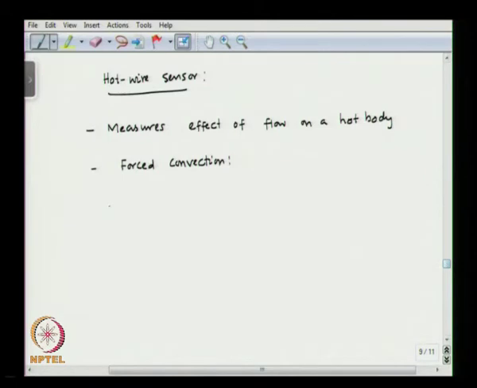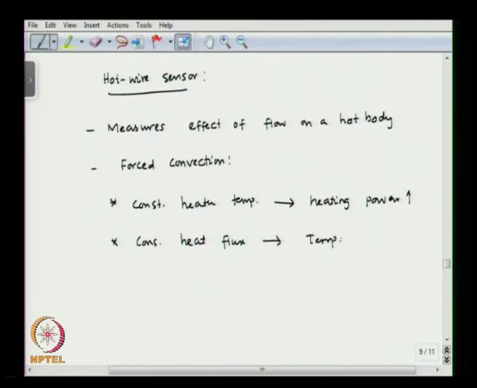One is at constant heater temperature, the heating power or heat flux will go up, or at a constant heat flux or heater power, the temperature of the surface is going to go down, right.